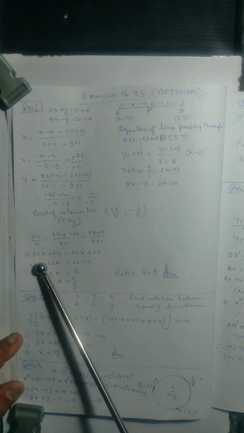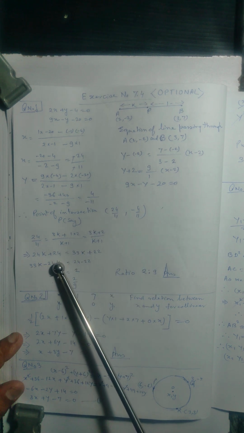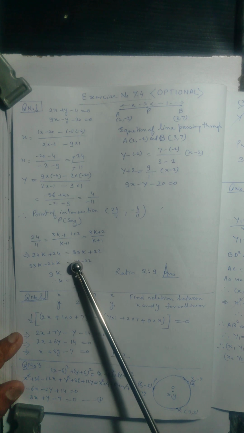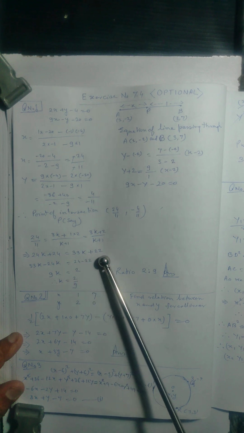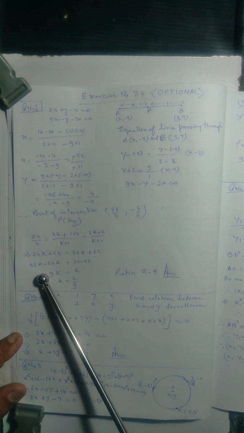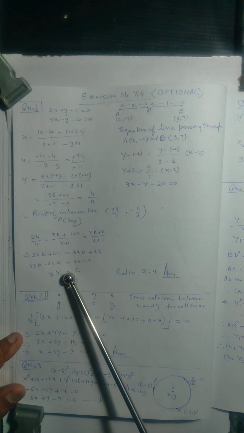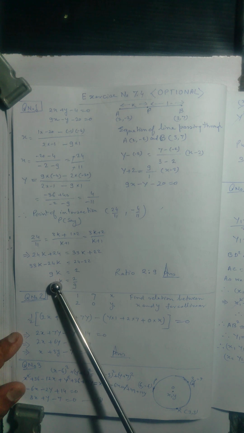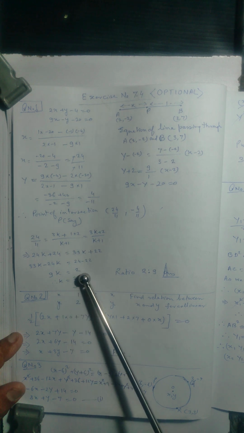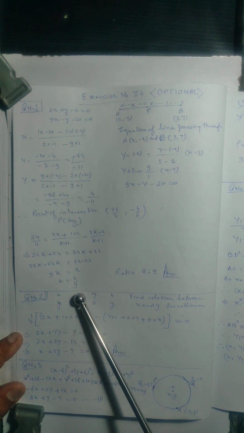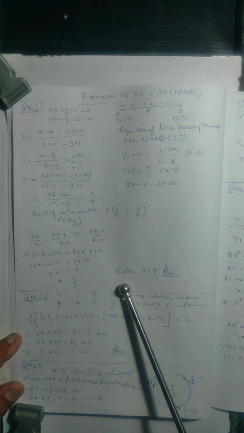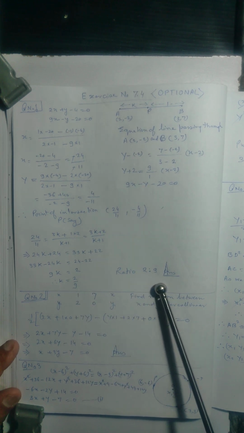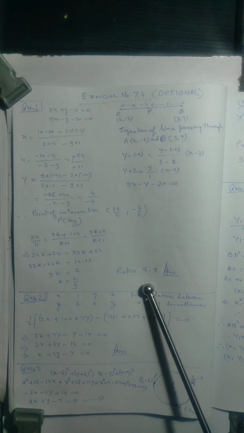Solve it, you will get 24k plus 24 equal to 33k plus 22. Now 33k minus 24k will be equal to 24 minus 22, that is 9k is equal to 2 and k will be equal to 2 by 9. So the ratio will be 2:9. This will be the answer of question number 1.